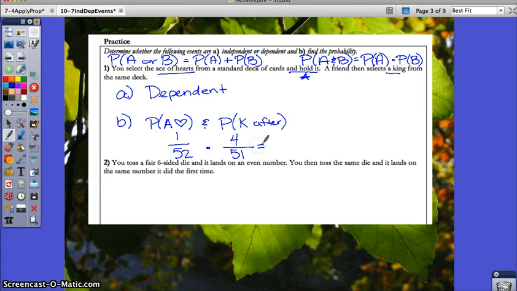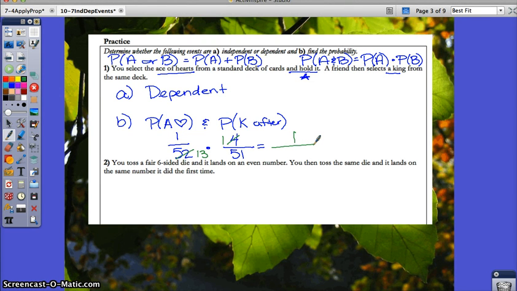You can multiply straight across, but before you do that multiplication, I prefer to reduce down as much as possible. The 4 and the 52 can reduce. So 4 can be reduced to 1 and the 52 can be reduced to 13. Now multiply your fractions straight across. You will need a calculator for this. Go ahead and type in the multiplication.